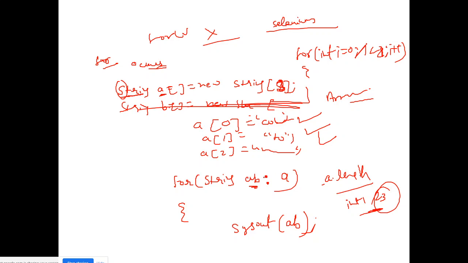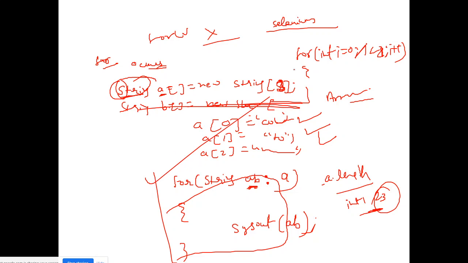But if you are working with this for each loop, even if you don't know the size, you don't need to care about that. So this is the one advantage of this for each loop. Second, if you are creating an object of a class and you want to run over that object, whatever values the object contains, just go with the for each loop.